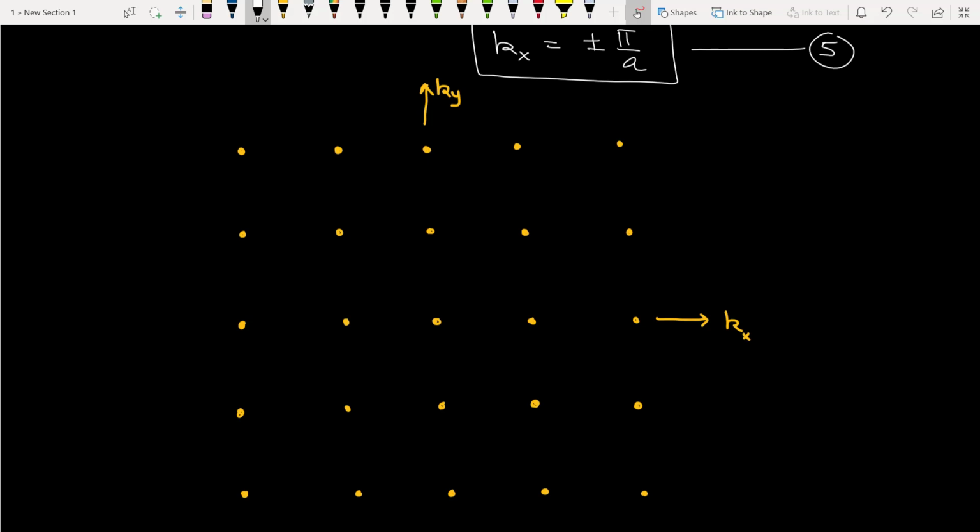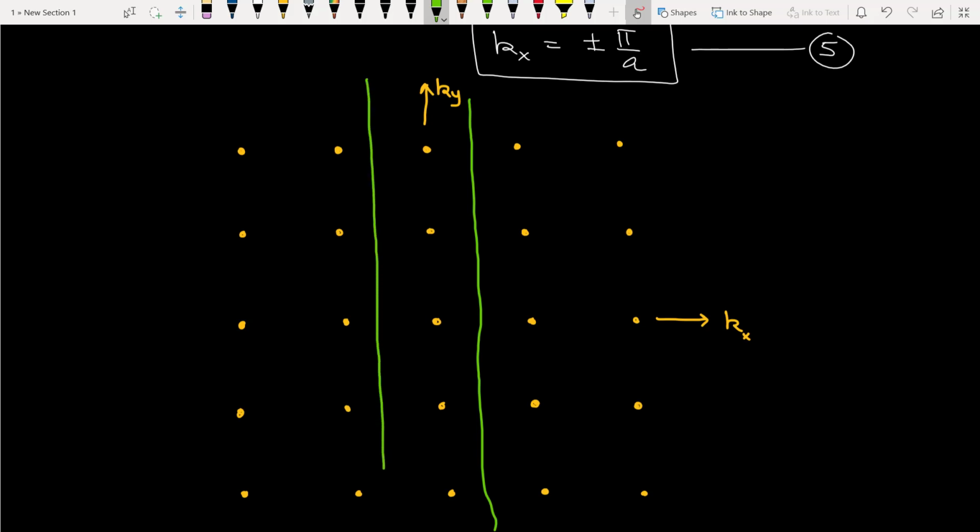First is kx plus pi by a, it will be this line. Minus pi by a, it will be this line.